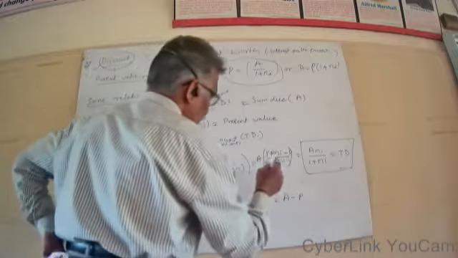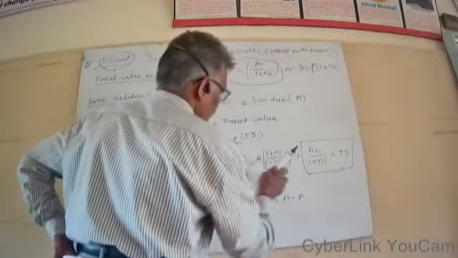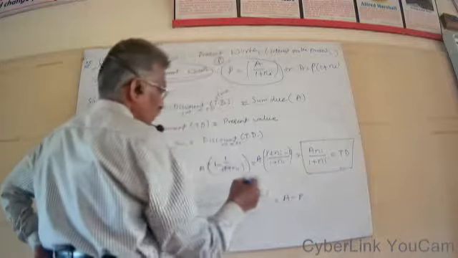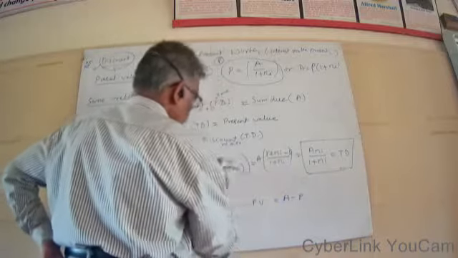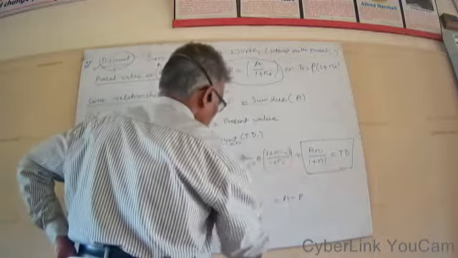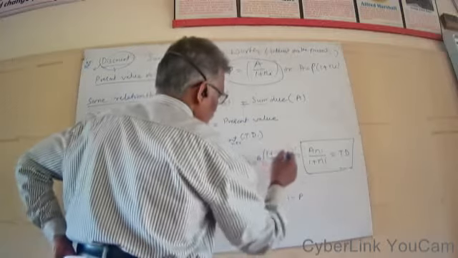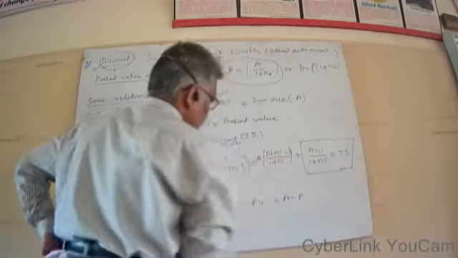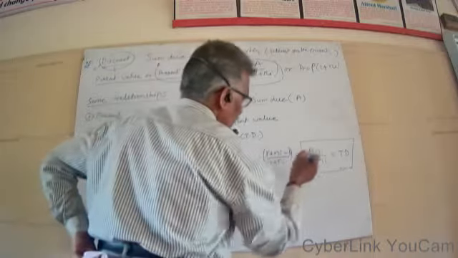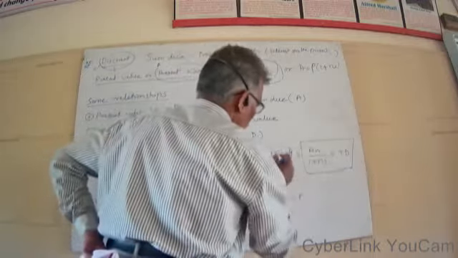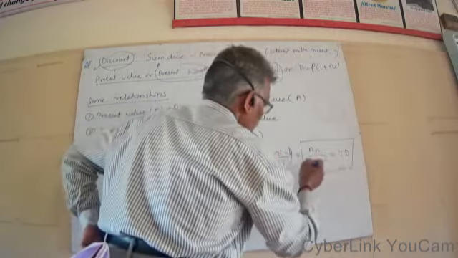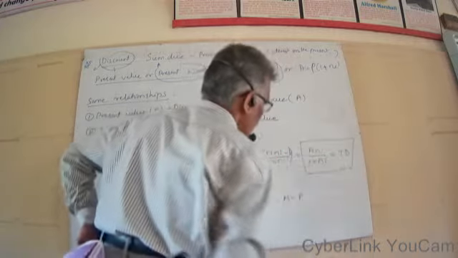Take LCM, 1 plus Ni becomes the LCM, and this becomes 1 plus Ni minus 1. Plus 1 minus 1 cancels, so Ni remains, A is there, so A into Ni divided by 1 plus Ni equal to true discount.